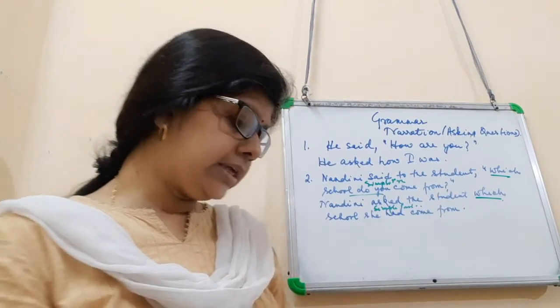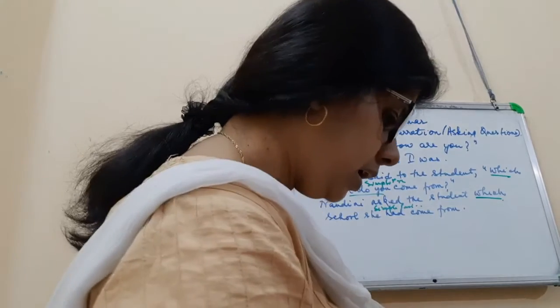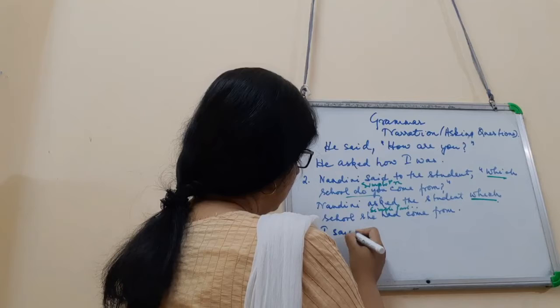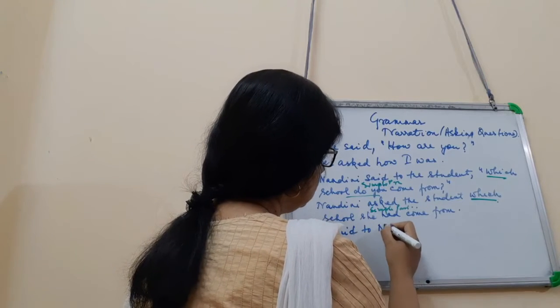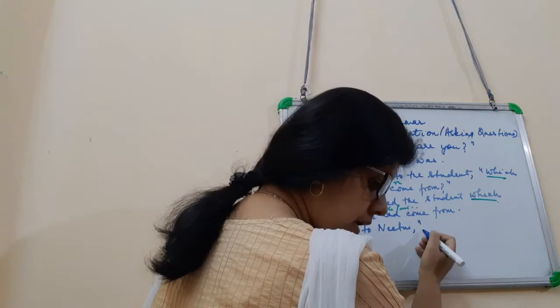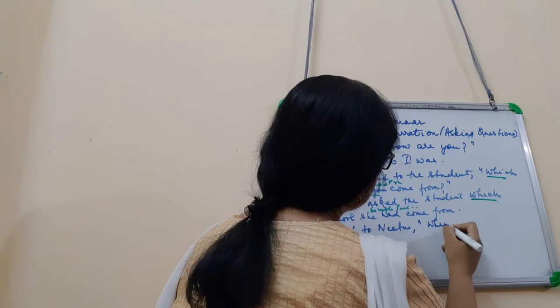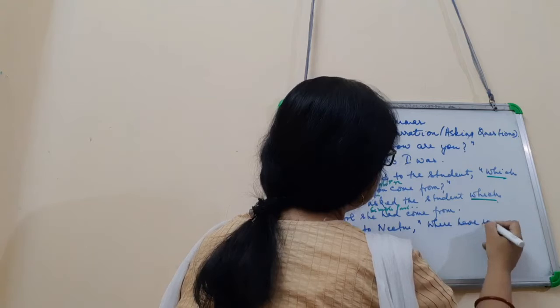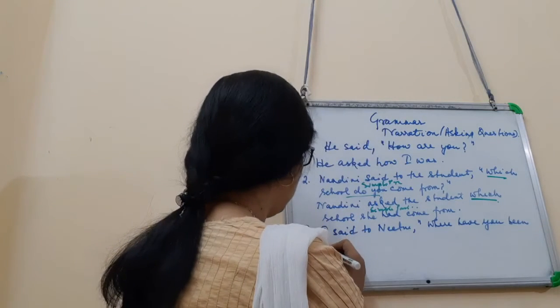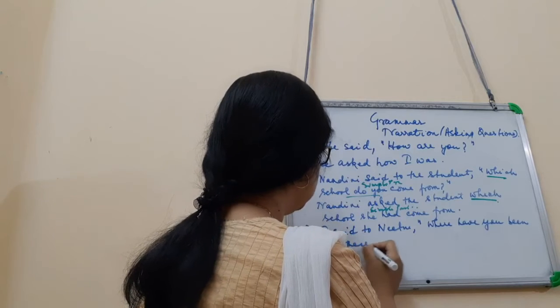Let us take another example. Number 3. I said to Neetu, comma, where have you been all these days?